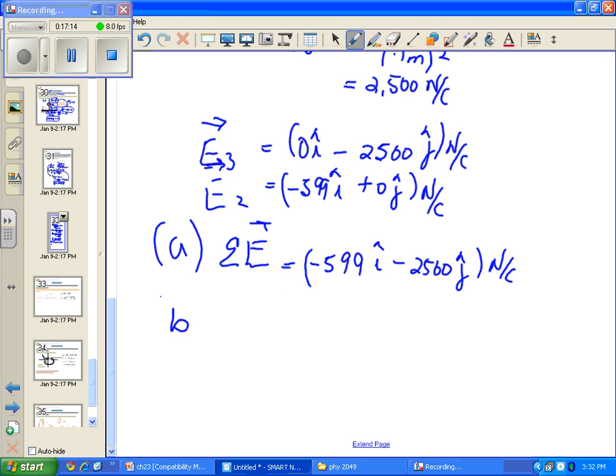Now, part B, if you recall, asked to use the results of part A to determine the net force on the little charge q, which we ignored in part A altogether because it did not contribute to the electric field. But now we insert it at the origin.